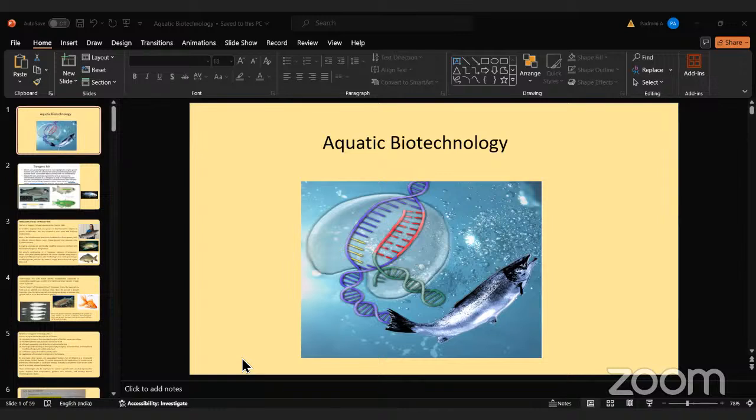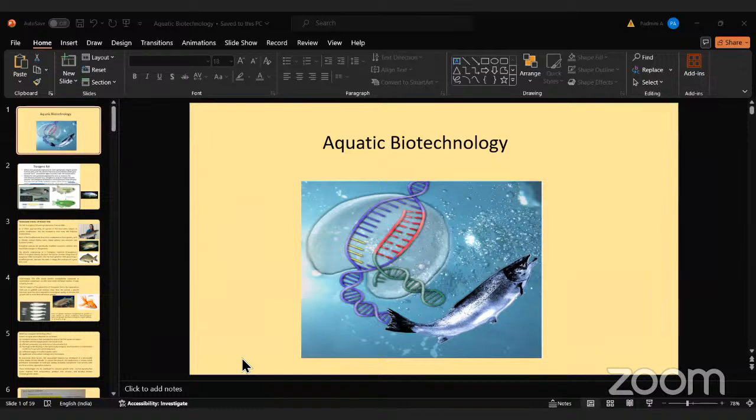Until you get complete homogeneous characters, you will have to keep on backcrossing the chimeric form until you get homozygous cells. So yes, you want to change the genome, but not at once.